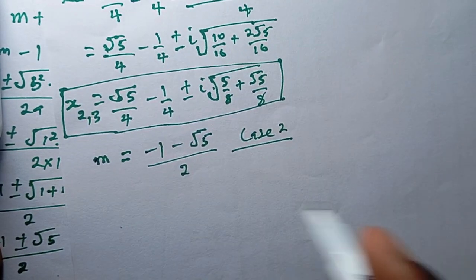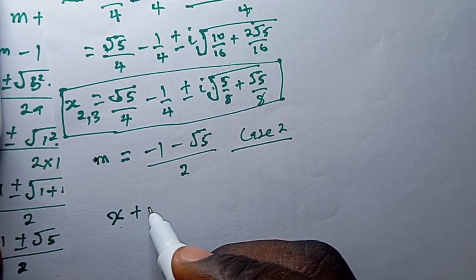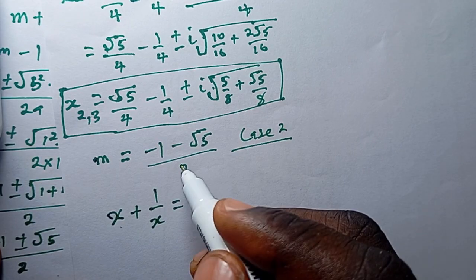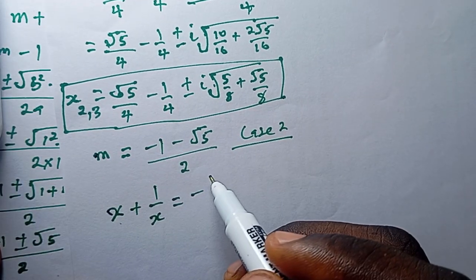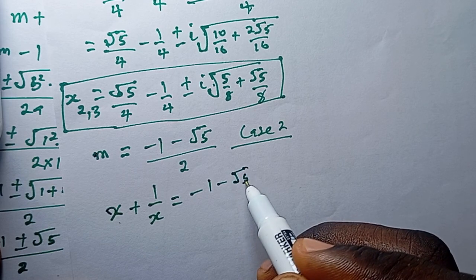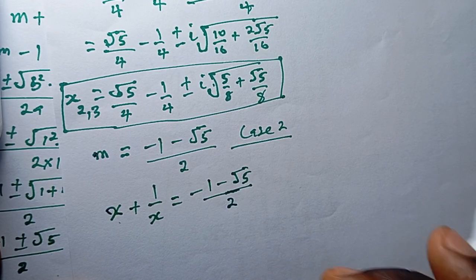And then we can now substitute for m. So we'll say that our m, which is x plus 1 over x, is equal to this m over here, that is (-1 minus root 5) divided by 2.